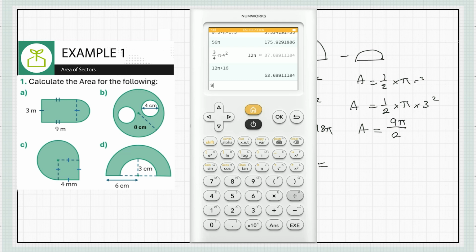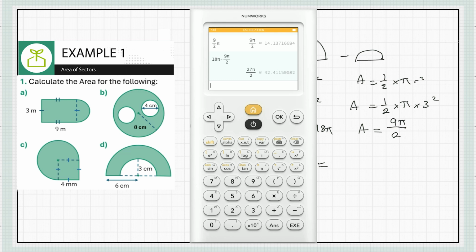So 9 divided by 2 times pi, hit execute, and then do 18 multiplied by pi, and then we'll take away our answer from the previous one, which will be the stored value of 9 pi over 2. So just hit execute, and you'll be left with 42.41, and you can see it's given the final result as 27 over 2 pi.